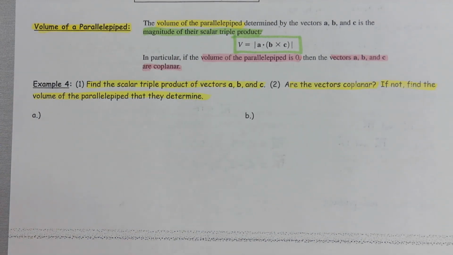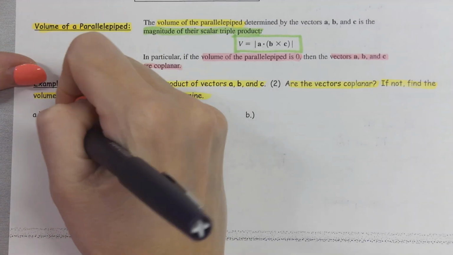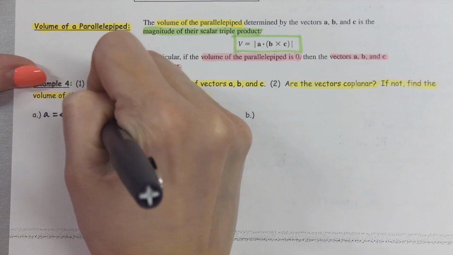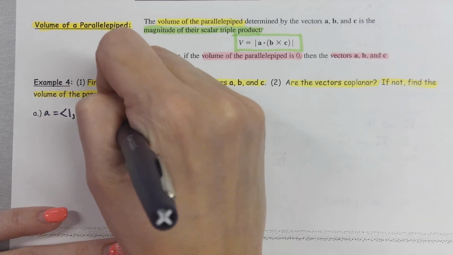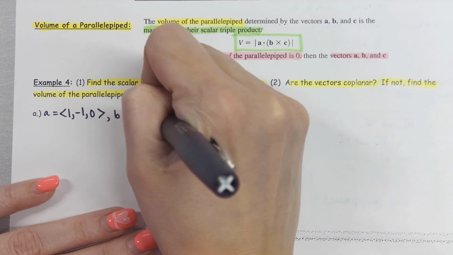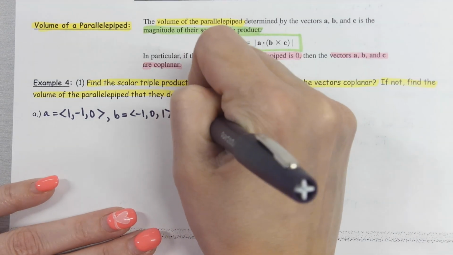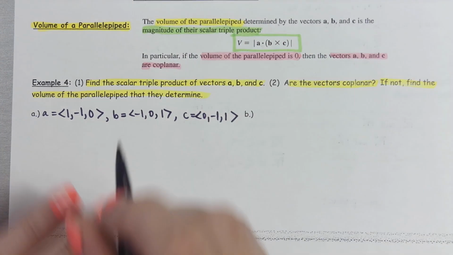Our first vector A is 1, -1, 0. Vector B is -1, 0, 1. And vector C is 0, -1, 1.